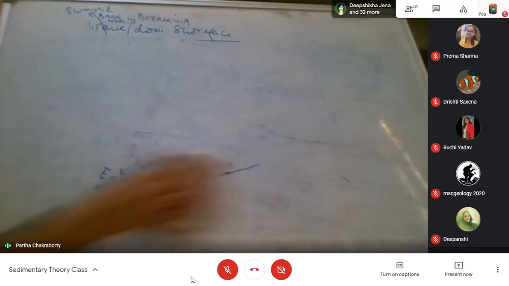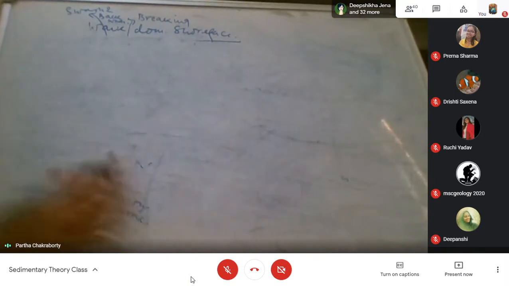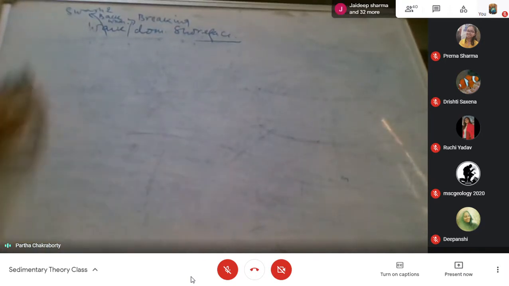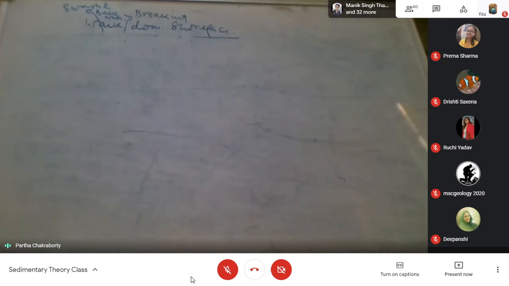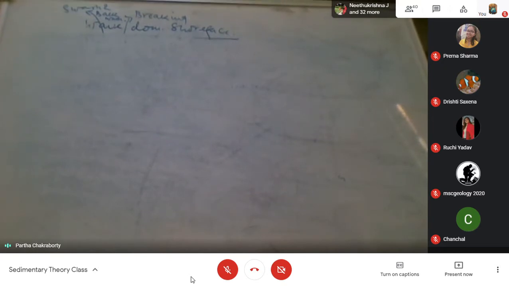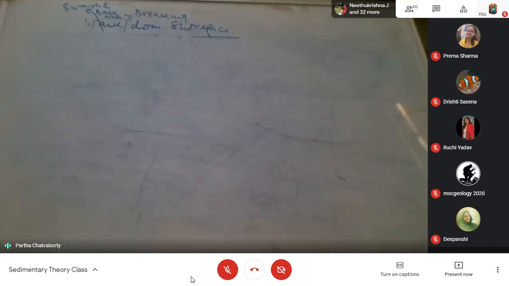Now, storm is such a process, such an event, which is not possible to observe physically. During a storm, no one can go into the ocean and see how the storm is acting, how it is carrying sediment, how sediment is interpreted. So the identification of storm deposit, the storm structure, and the storm working procedure was delayed for a long time.